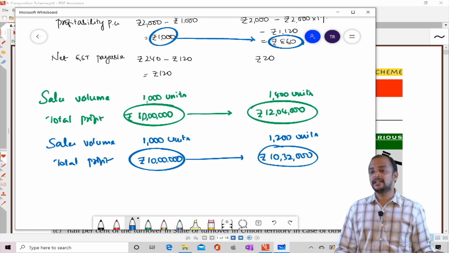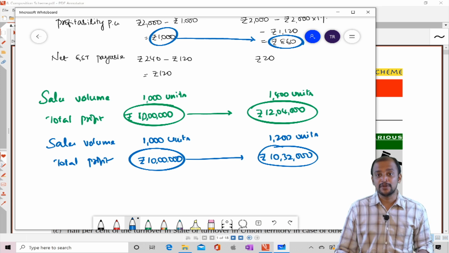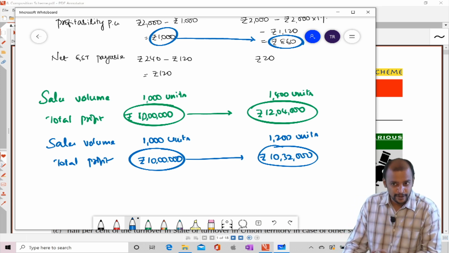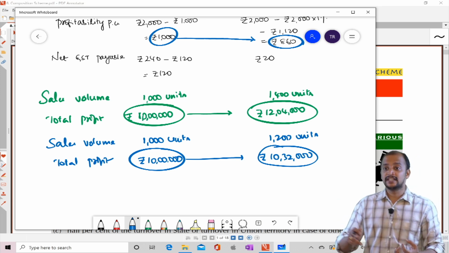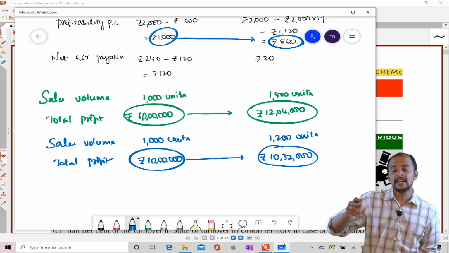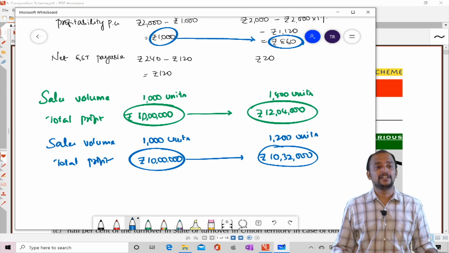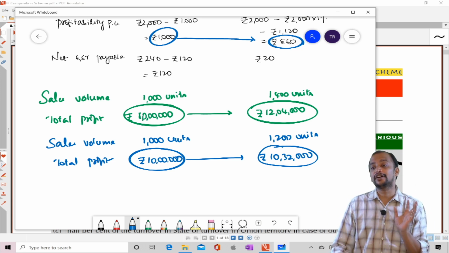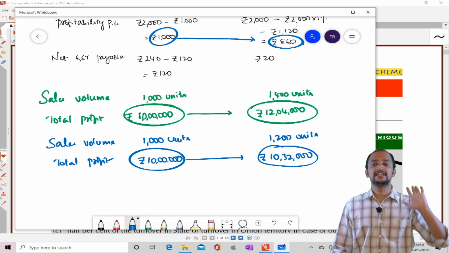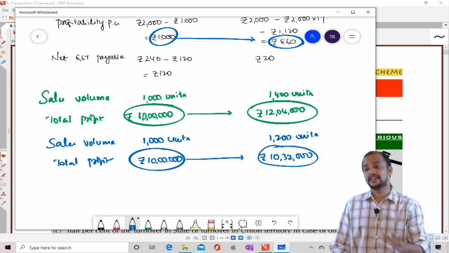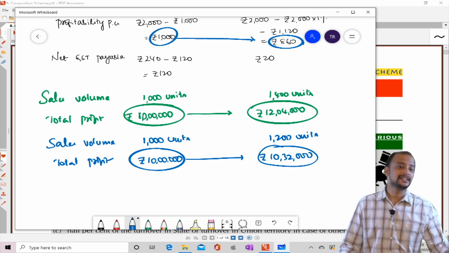Then what is the advantage? Because of the composition scheme, the cost to the consumer will come down, because of which the sales volume will increase, and because of the increase in sales volume, the total profit will increase. Therefore it is justifiable to go for the composition scheme only when there is an increase in sales volume, otherwise it is of no use. Is it clear?